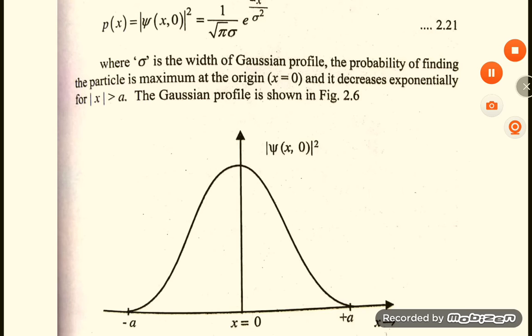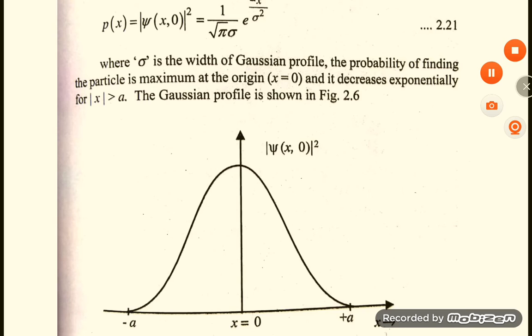And here where x is equal to 0, there is maximum probability to find the particle at x equals 0. So x equals 0 means at that particular point the particle should be present.